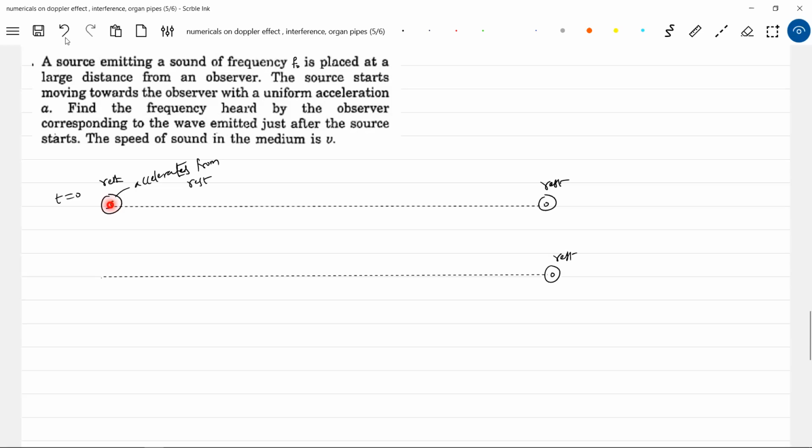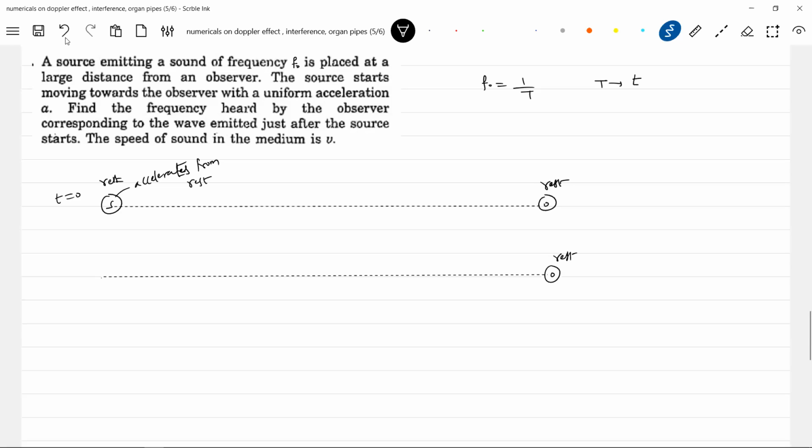That particular source has to generate a wave. Then the wave generated by it will be received by the detector. To generate a wave, it needs time. What is the time? We know the frequency is f naught. So what is the time period? T. What is that capital T?